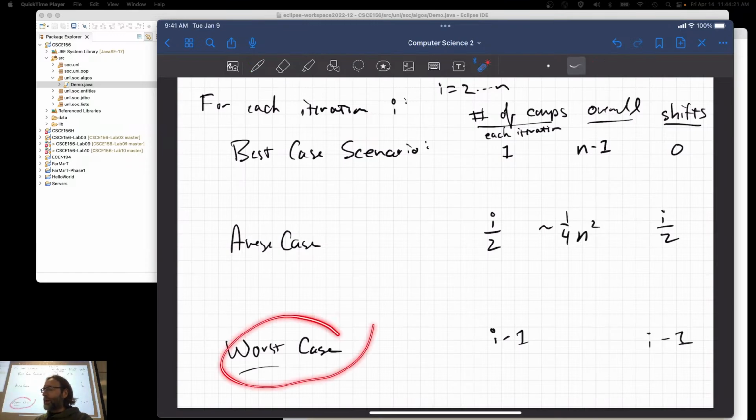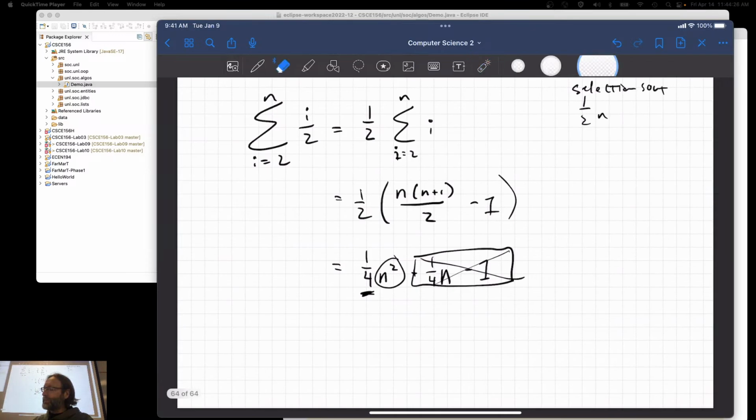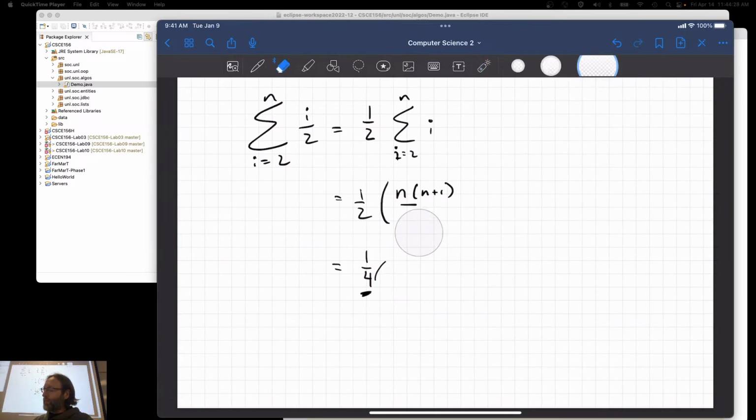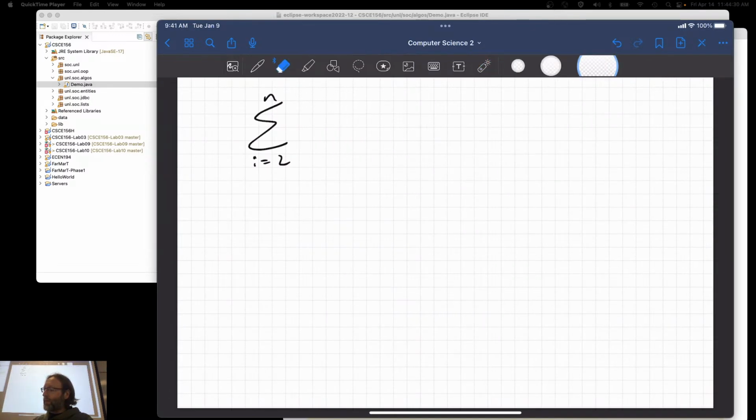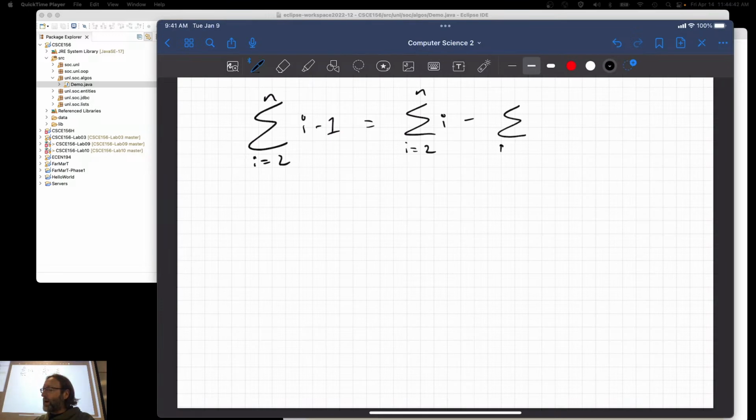What about the worst case scenario here? I minus 1. Let's do that analysis. Right? I minus 1. Summation of sums is equal to the sum of summations. So we have a summation of I running from 2 to n of I minus summation of I is equal to 2 to n of 1. Right? Ooh, that's already looking really, really familiar.